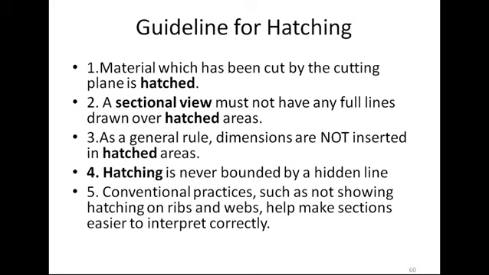So whatever the ribs and web sections, we are not going to hatch. This is a practice of interpretation, so that we can easily identify these rib areas, web areas. Whatever points we have discussed, we are going to see with some examples in the next slide.